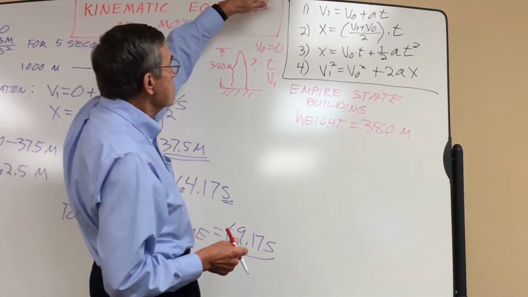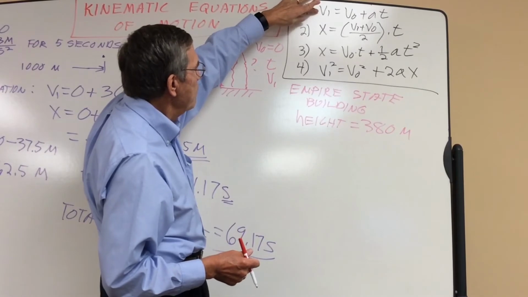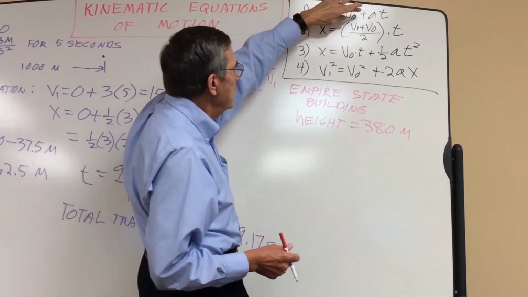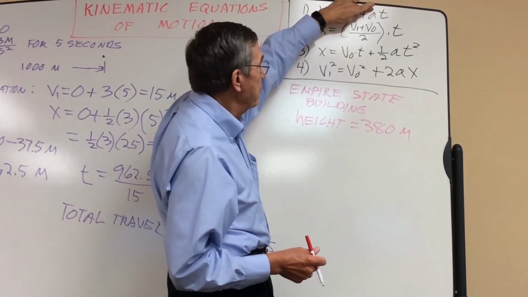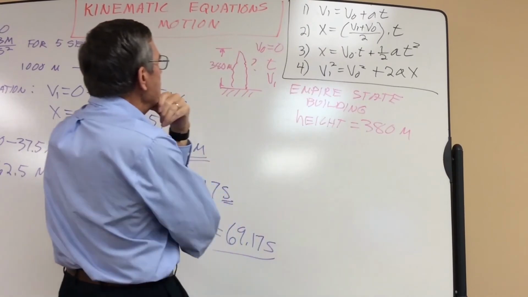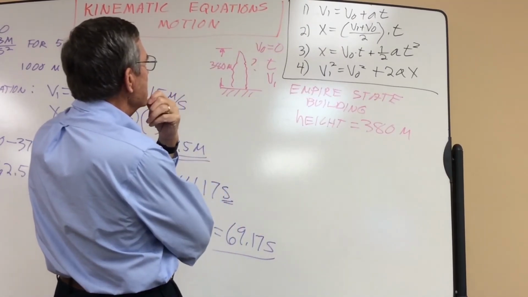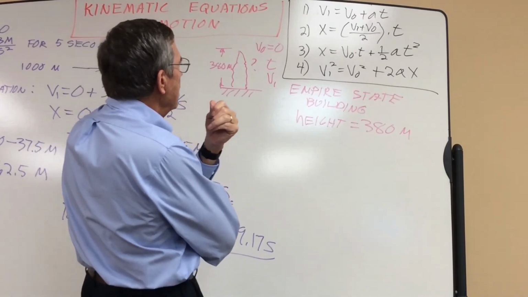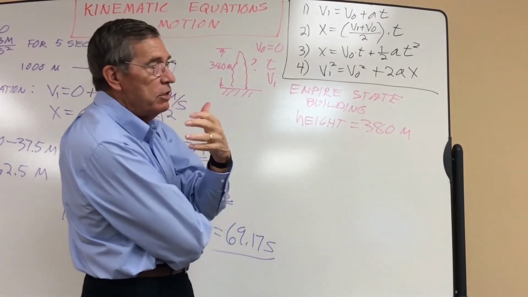Well, this is how fast we would be going. We know it started from rest. We know the acceleration of gravity, which I'll give you in just a second. But we don't know the time, so that doesn't work so well. Okay. Well, what else might we do?